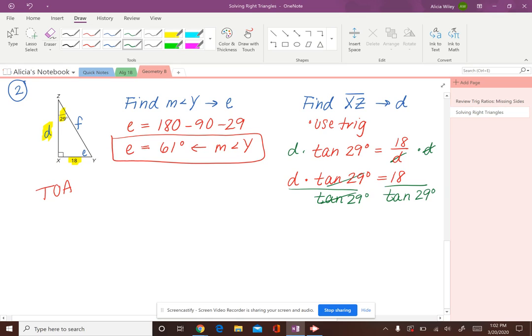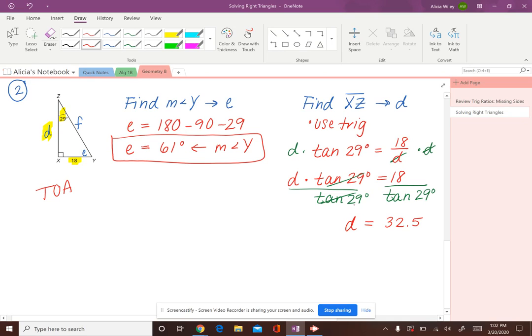There's some examples there, right? So you're left with D equals 18 divided by tangent 29, which you're going to have to use your calculator to do. So take a moment, put that into your calculator, and see what you end up with. Okay, you should have gotten an answer for XZ to be about 32.5.